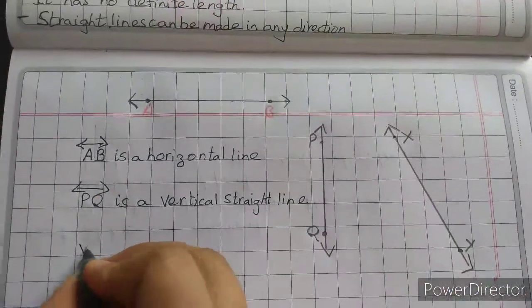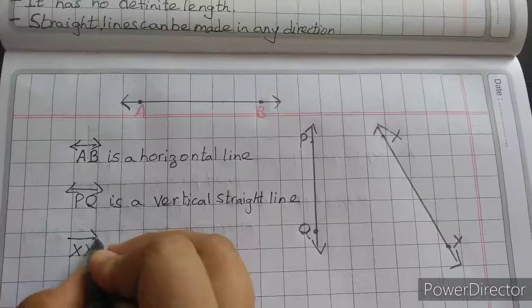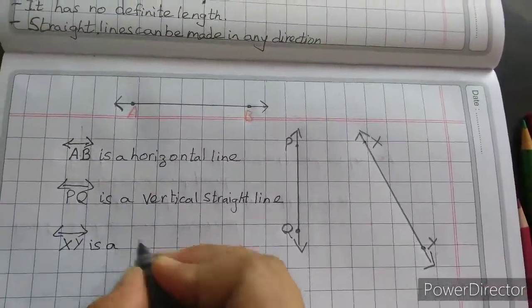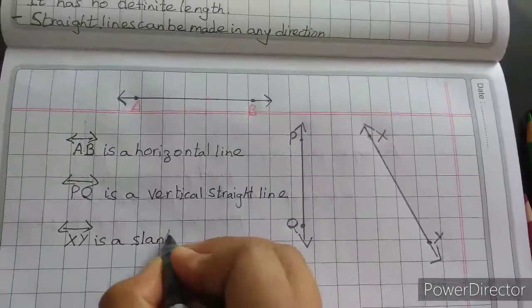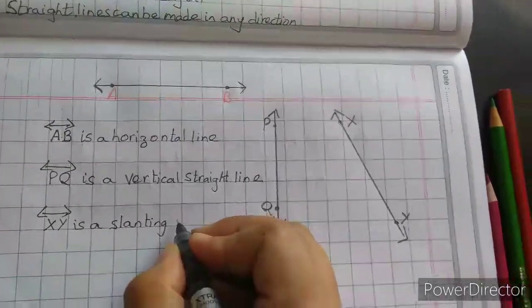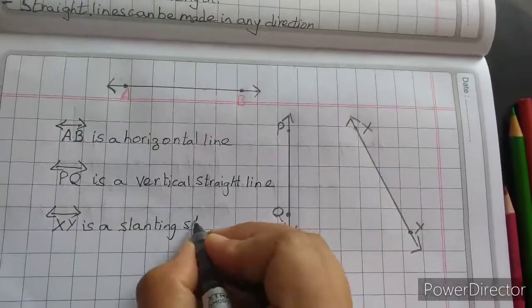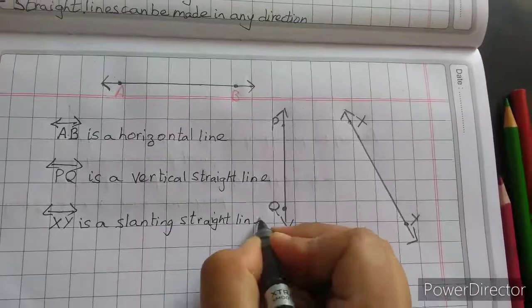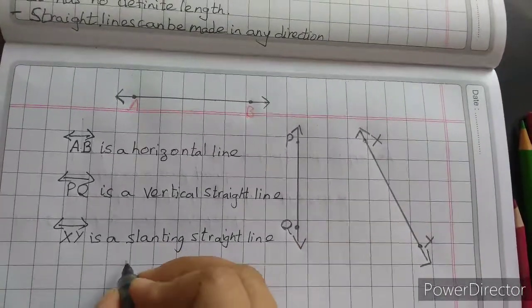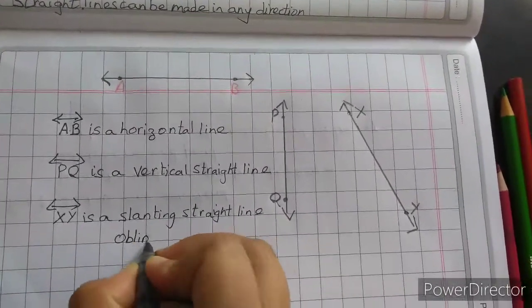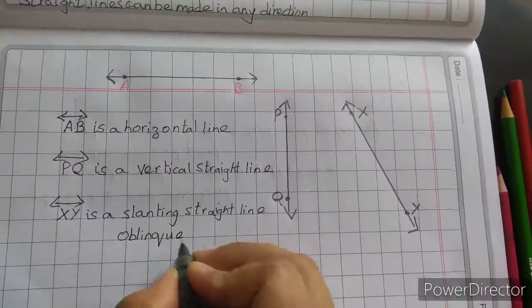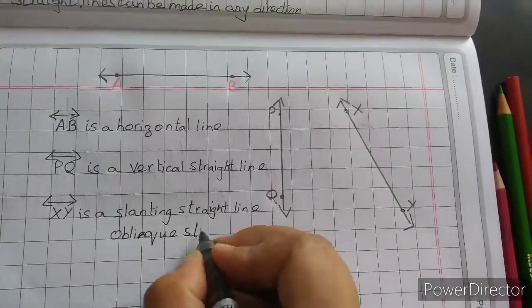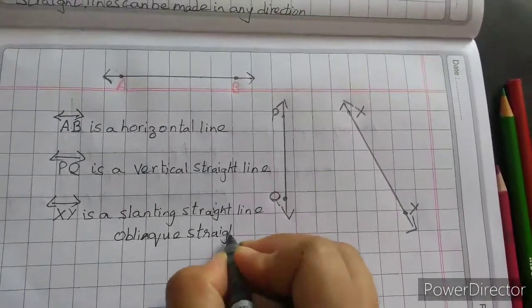And XY is a slanting straight line, or you can say it is an oblique line. A slanting line is also known as oblique, O-B-L-I-Q-U-E, oblique straight line. Okay.